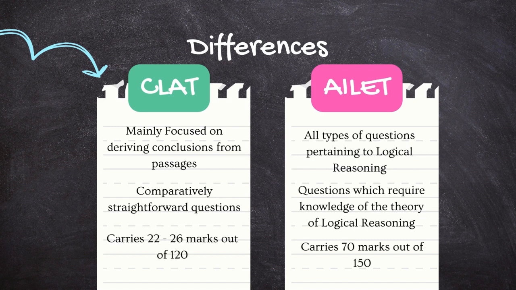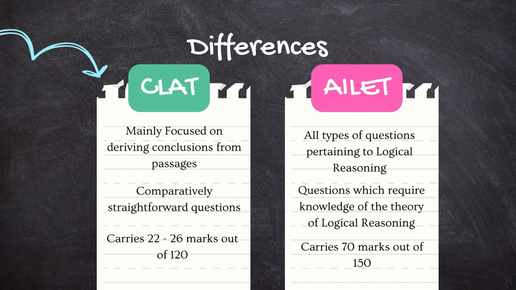The main distinction or the main difference lies in the weightage of marks assigned to logical reasoning in CLAT and AILET exams. In the CLAT exam, logical reasoning carries around 22 to 26 marks, that is about 20% of the total marks.